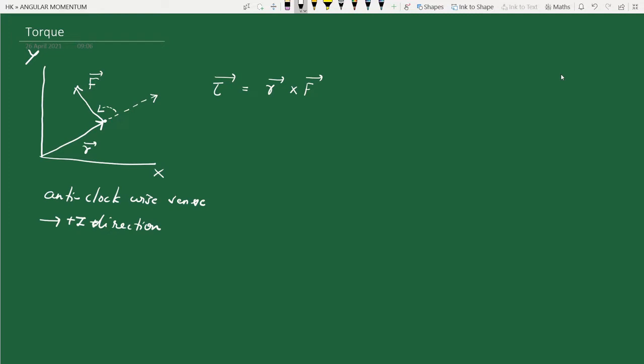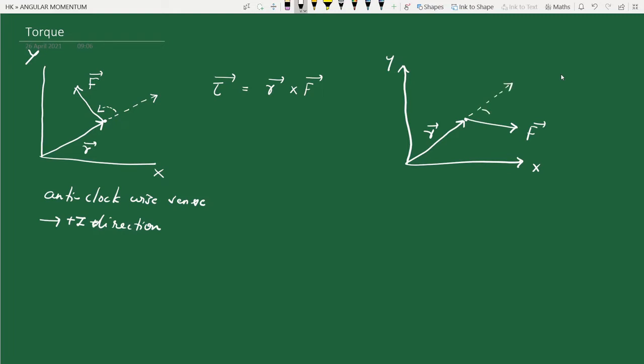Let us consider another situation. Suppose the particle is here, and suppose the force is in this direction. Then this is the direction of the vector r, and this is the direction of the vector force.